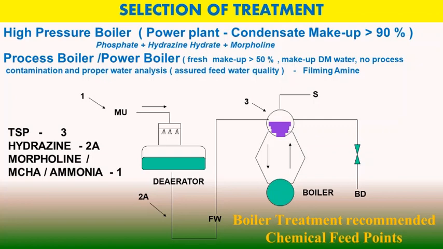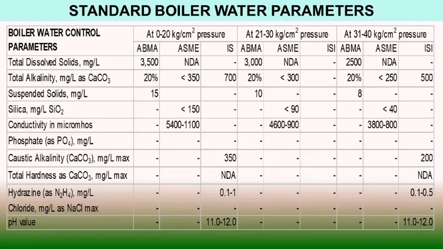So there is a 3-stage arrangement. Trisodium phosphate is dosed at the boiler drum. Then hydrazine is dosed in the deaerator discharge, and we have ammonia dosing and morpholine dosing in the deaerator tank. So this way, in a combined arrangement, we try to control.